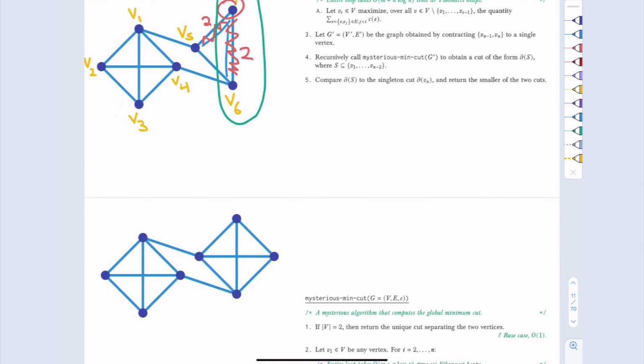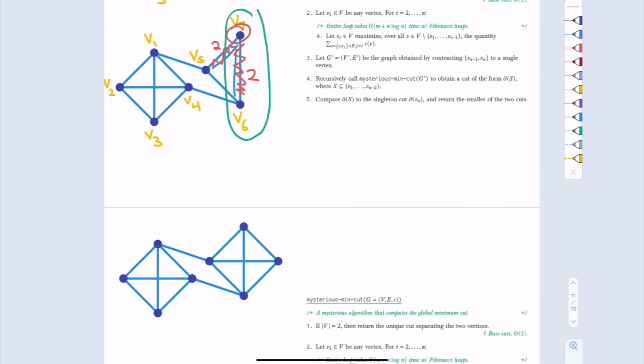Okay, so if I contract those 2, we can work off this graph. What will I end up with? So we already were like this. Okay, so it might end up like this, where now this has become an edge of weight 3, if I'm not mistaken.